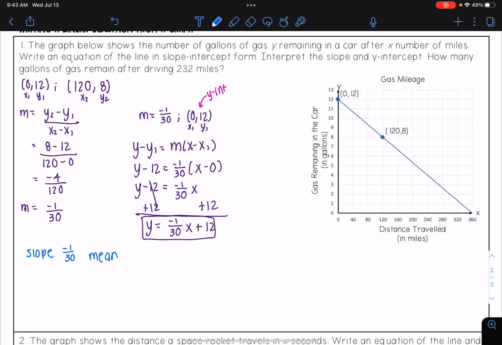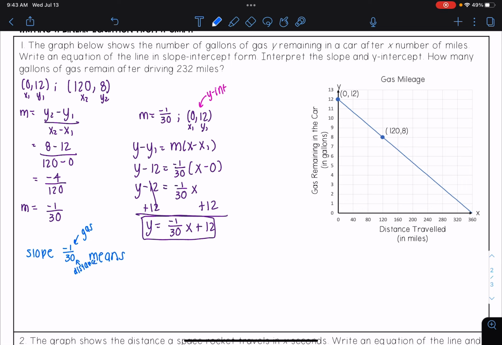Well, the negative 1, that stands for your y, so this is going to be gas remaining. And 30, that's your x value, because remember, for our slope, it was change in y over change in x. So 30 is your x, which stood for distance. And we're seeing it's decreasing.